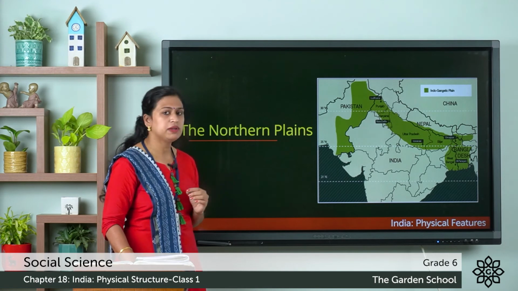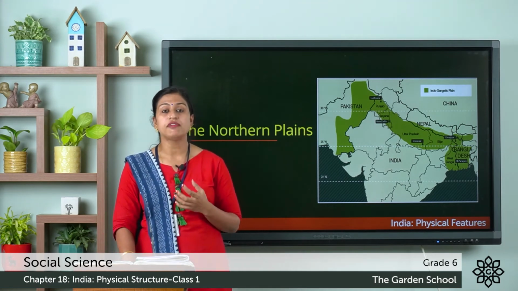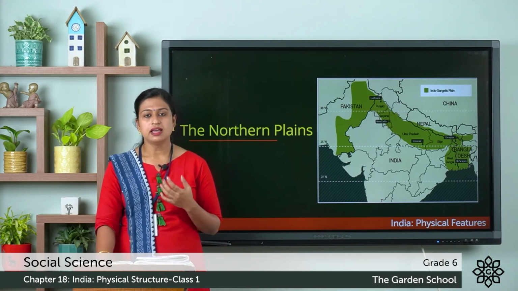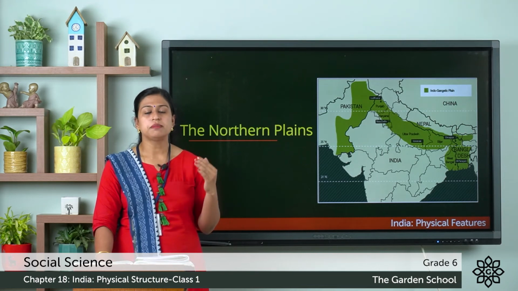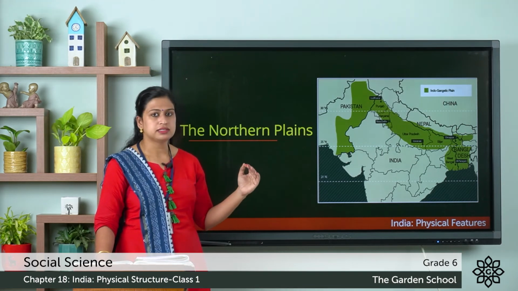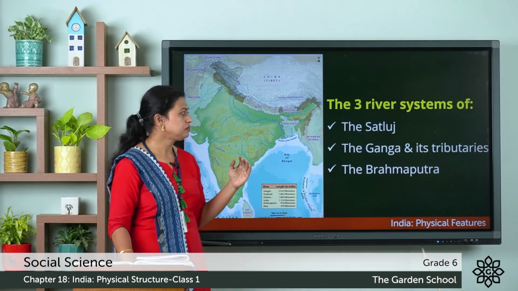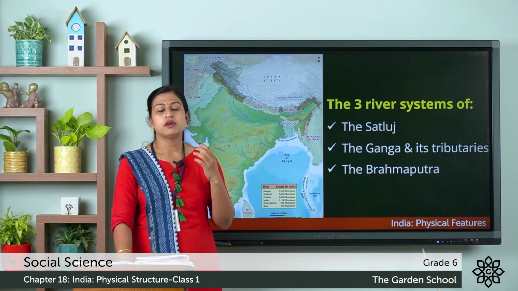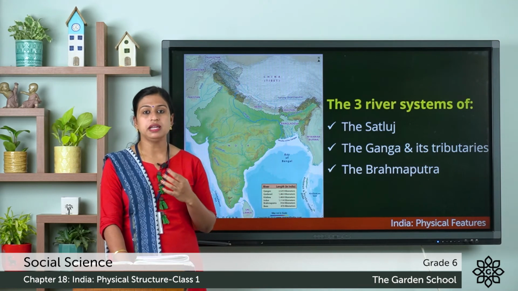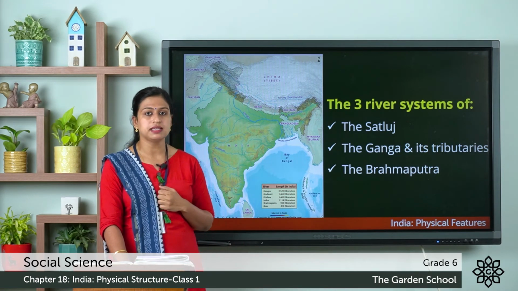Now this plain is very fertile due to the deposition of alluvium, that is clay, silt and sand, which are deposited by the rivers, that is the three river systems. And the three river systems are the Satluj, which is one of the tributaries of river Indus that flows mostly in Pakistan.